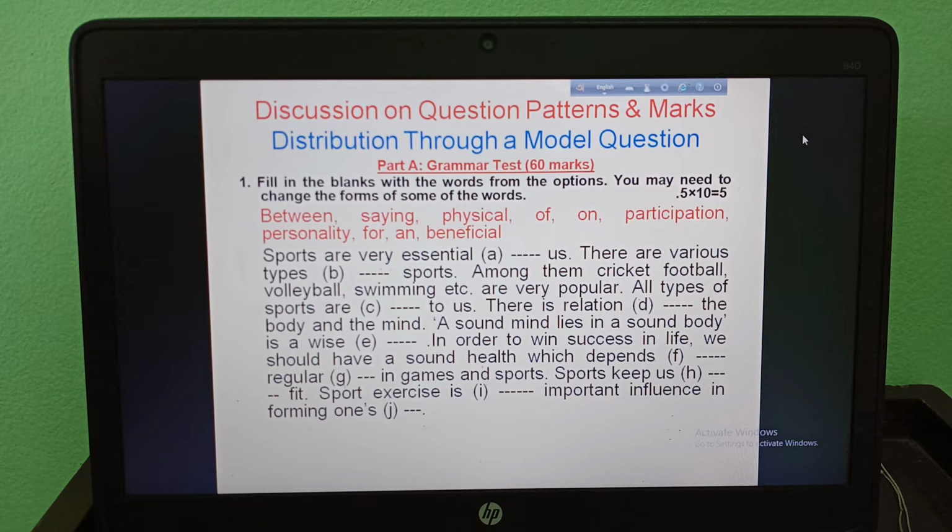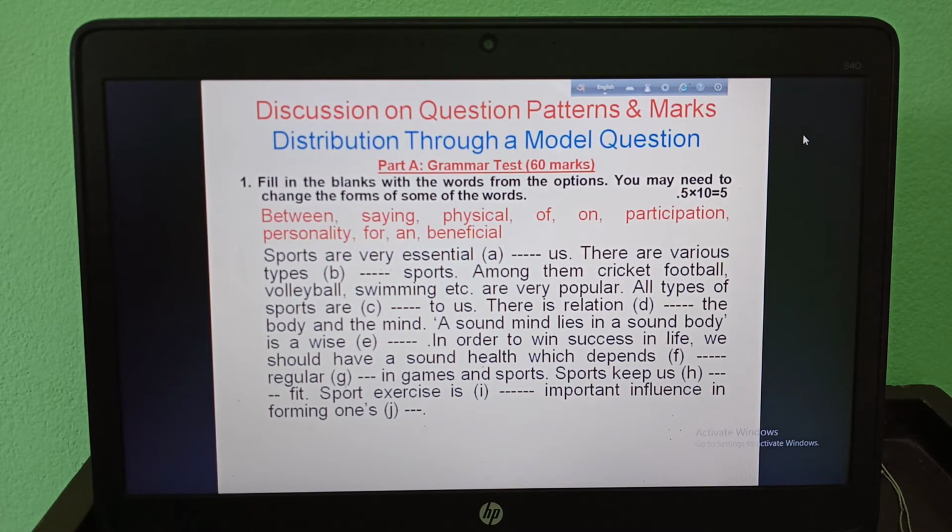Part A, grammar test, 60 marks. Dear learners, you know there are 4 skills to develop any language. English is a language, and we need to develop our 4 skills to learn it well.